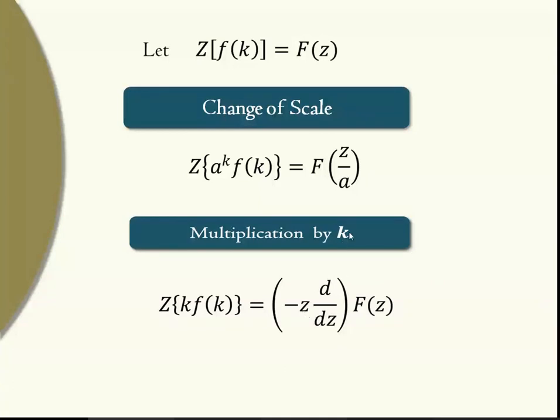So for multiplication by k, we first find the derivative of f of z with respect to z, together with multiplying by minus z. So this is the second property, multiplication by k.